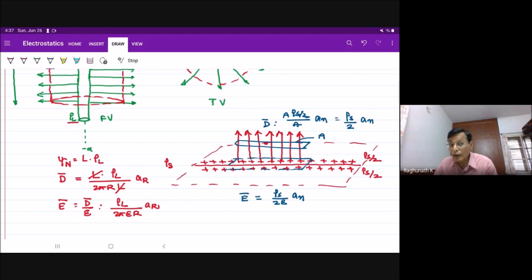So in these two cases we use the fact that every charged object creates flux lines, where flux lines equal the charge.